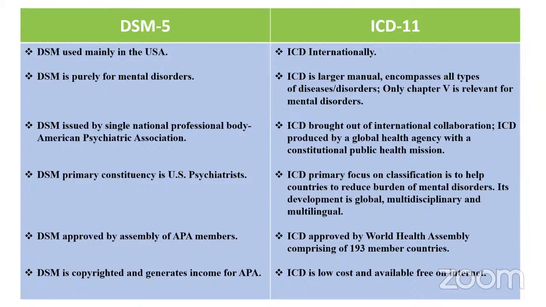Okay, so DSM is published and revised, written by the American Psychiatric Association. When they want to come up with new editions or new revisions of their book, ICD, if it's coming up with a new revision, the World Health Assembly, which consists of 193 member countries, all of them together, have to come and approve it, and only then will a new revision come.